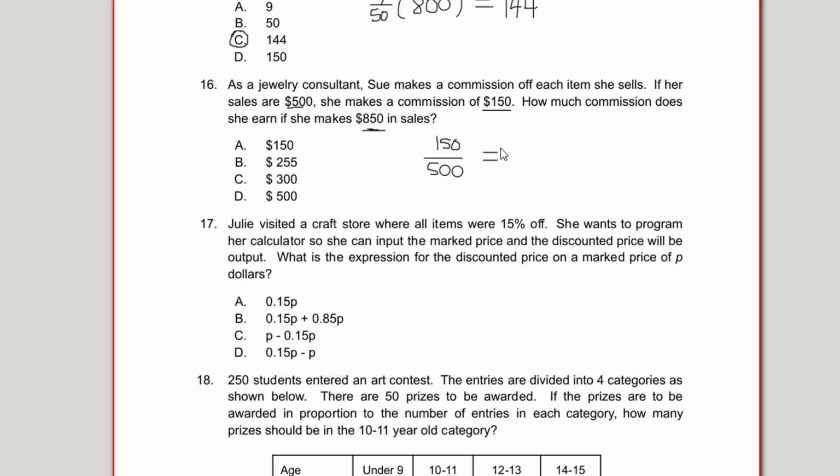Plug that into our calculator. That is 0.3, a 30% commission. So she's going to make 30% of what she sells. So if she sells $850, we can put that in our calculator. 850 times 0.3, she's going to make $255, and that is answer choice B.